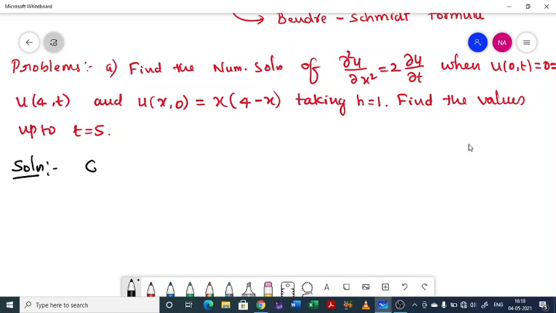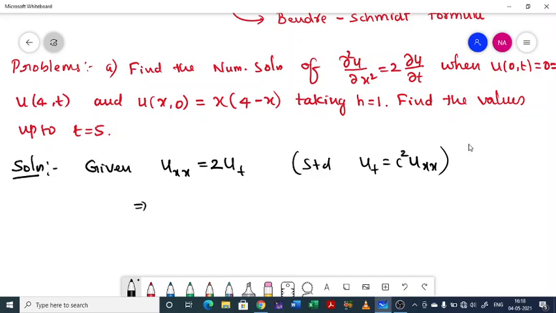Given u_xx equal to 2 u_t, but the standard form is u_t equal to c square u_xx. So this can be written as u_t equal to 1 by 2 u_xx. So c square is 1 by 2, or c equal to 1 by root 2.